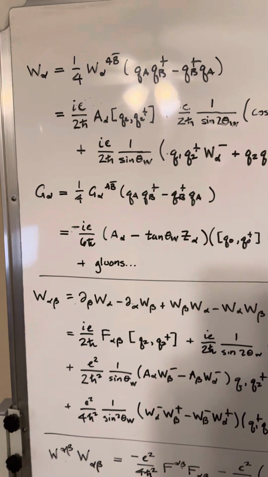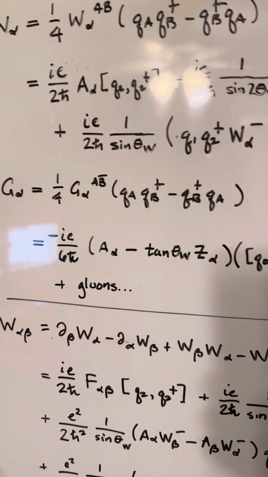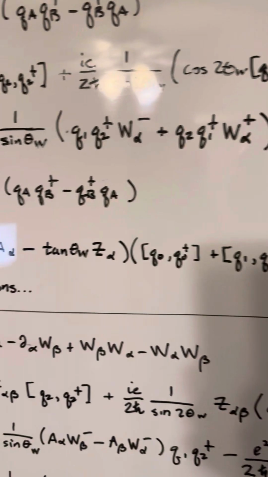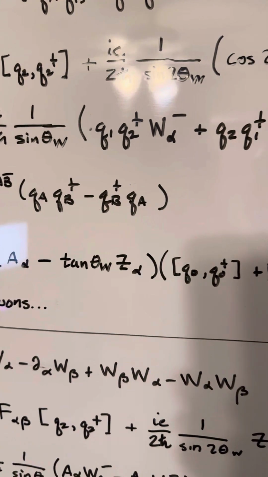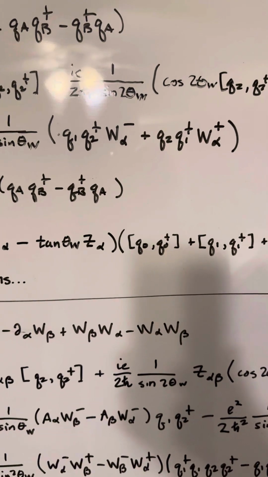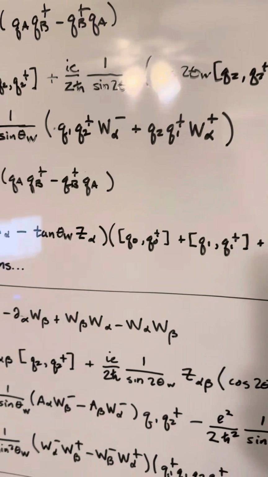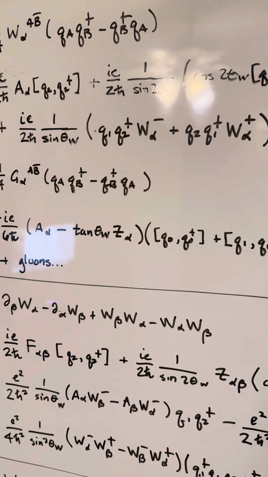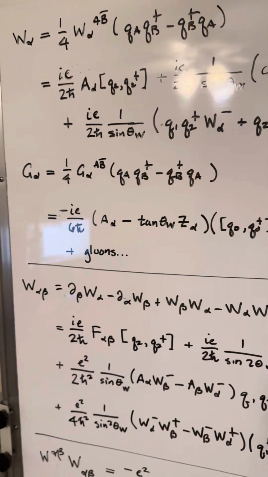I know there's G prime and G, but I'm just writing it out explicitly. And then you have the interaction terms, the W plus and W minus, the Q1, Q2 dagger or Q2, Q1 dagger. When operating on our Clifford algebra object, these are going to have the effect of switching out a 1 and a 2.